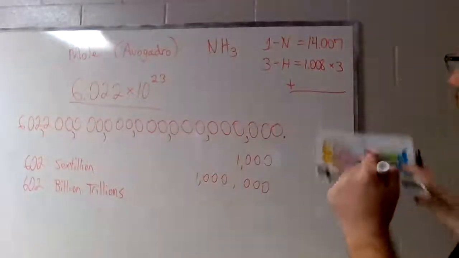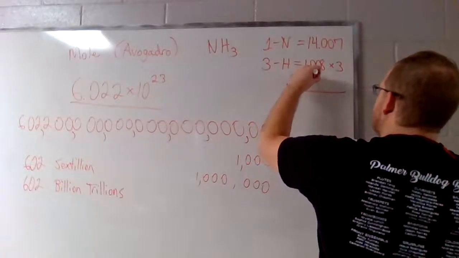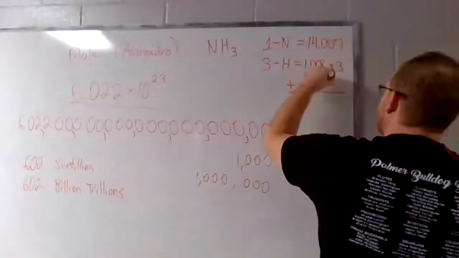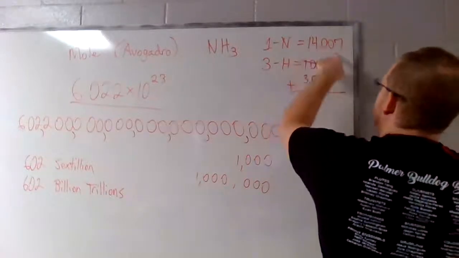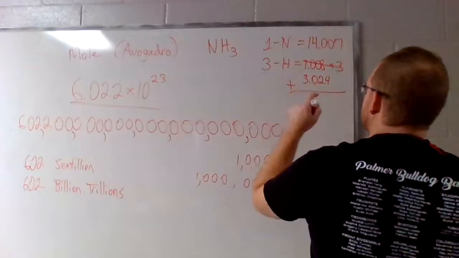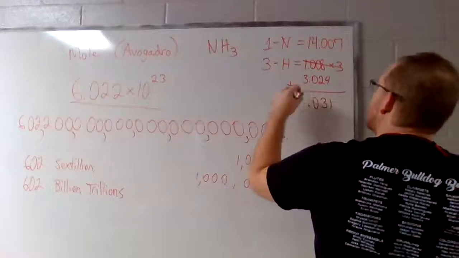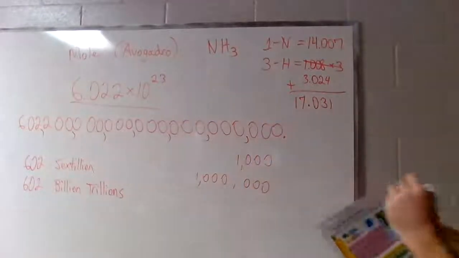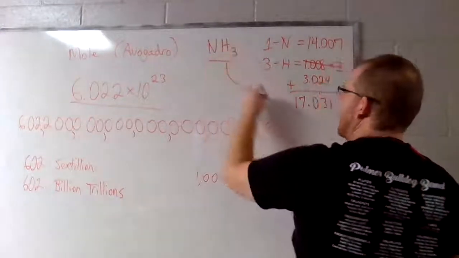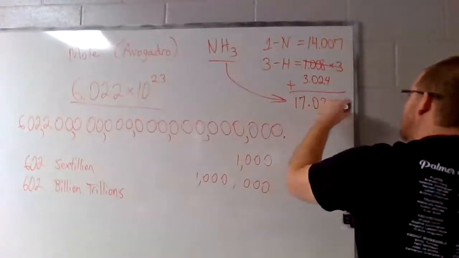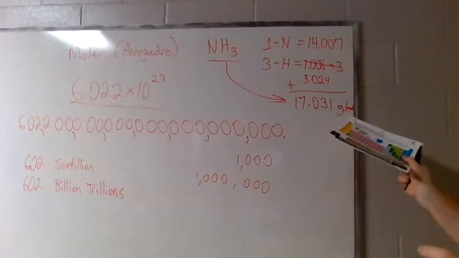And so 1.008 times 3 is actually 3.024. So I add 14.007 plus 3.024, and what I end up with is 17.031. And so how much does ammonia weigh as 1 mole? 17.031 grams per 1 mole.